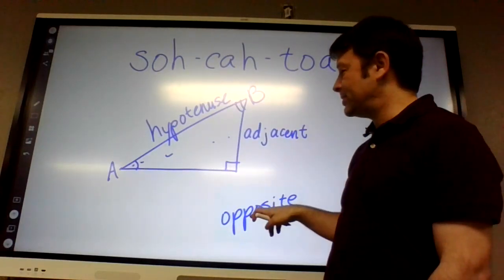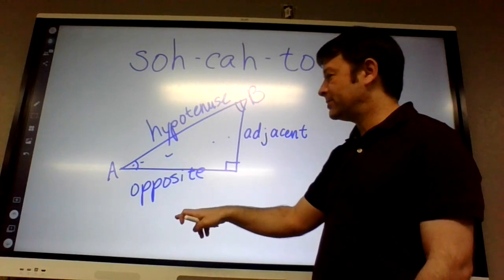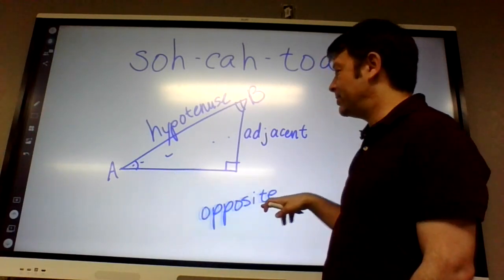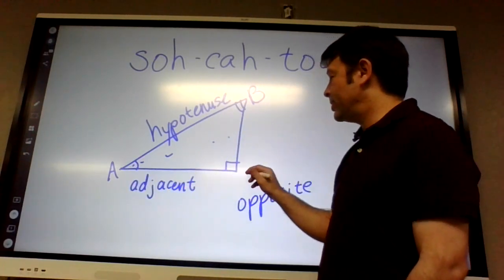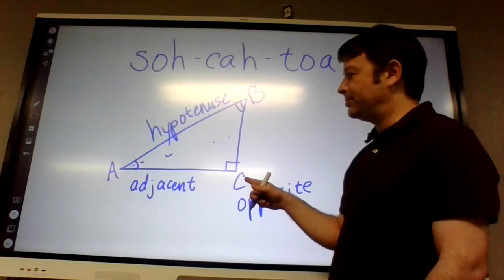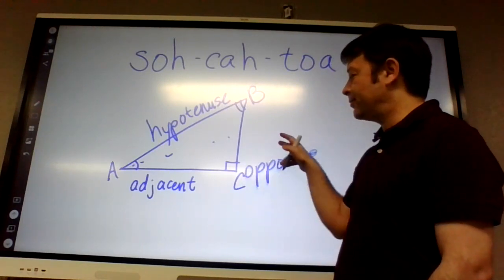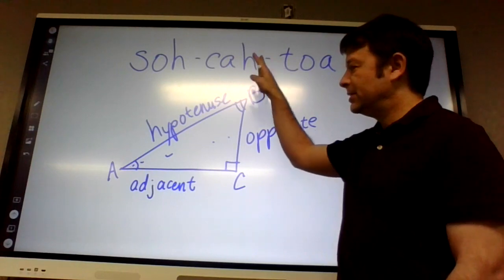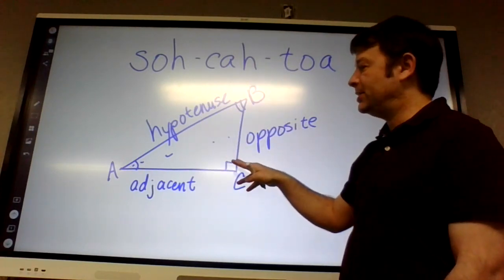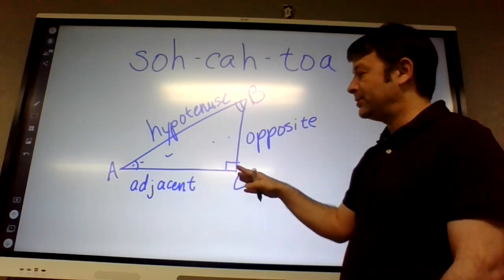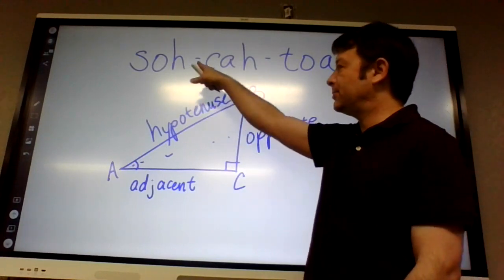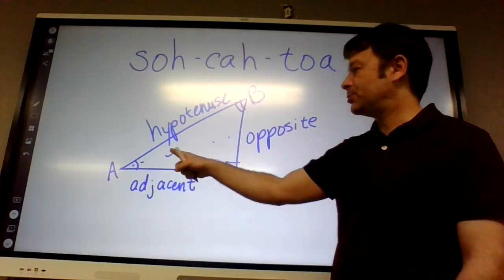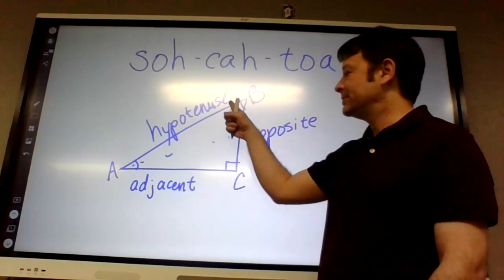What side is opposite angle B? That one. So it depends on which angle you're talking about. By the way, angle C, the 90-degree angle, we'll never use for this. This only works in 90-degree right triangles, but you don't use the 90-degree angle. It's just one of these acute angles.